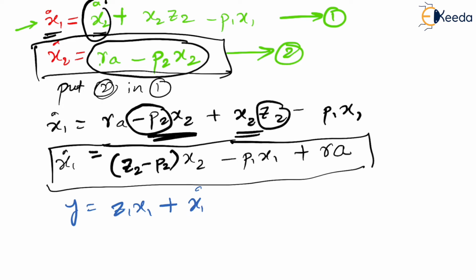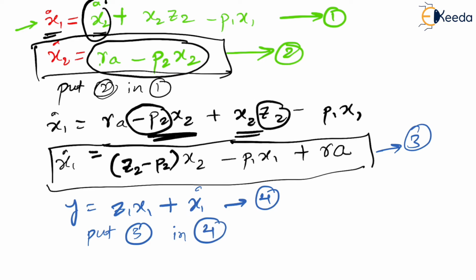Yes. Now let me call this equation 3 and this equation 4. Let me put 3 in 4. See here, you have this x1 dot, and you have to eliminate it.